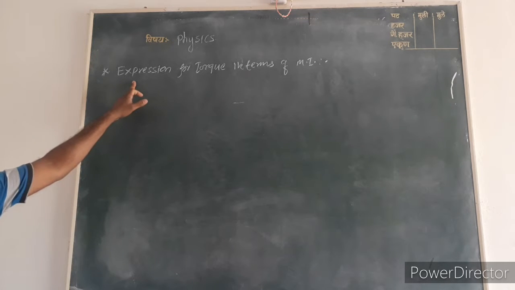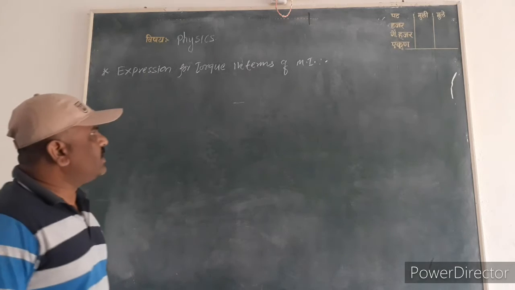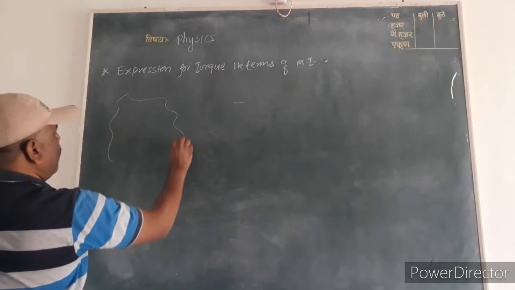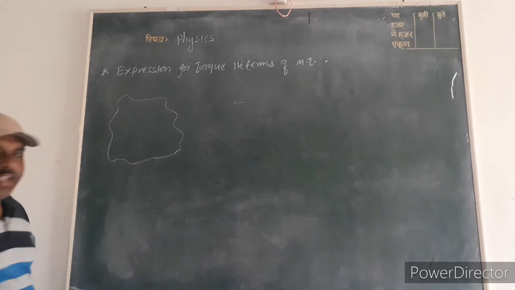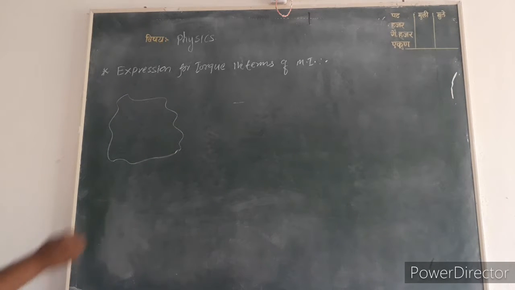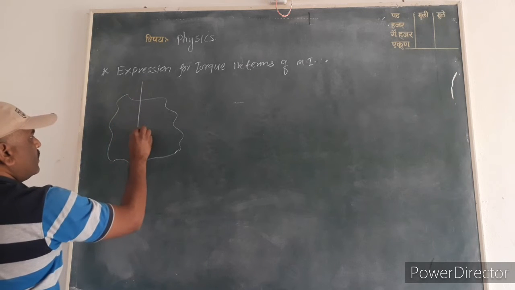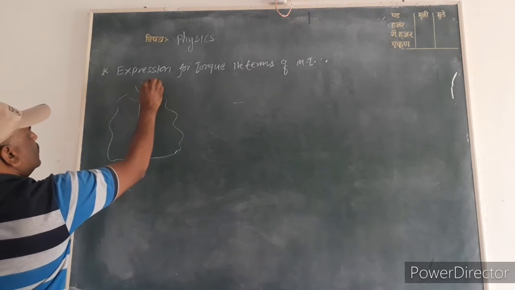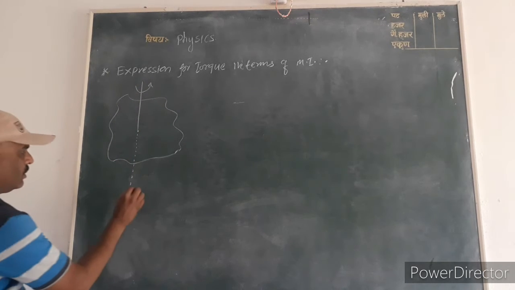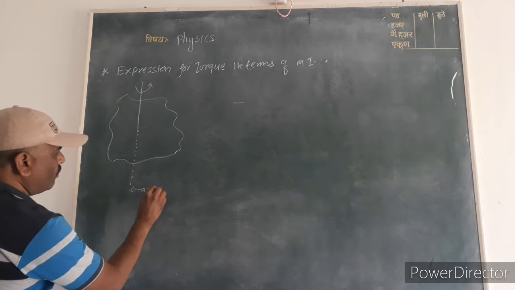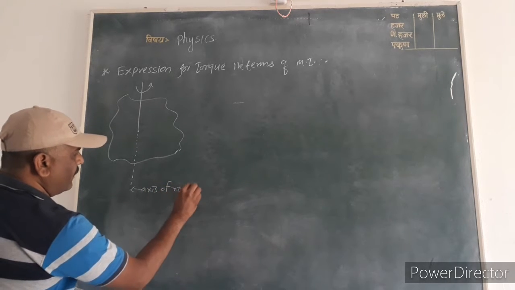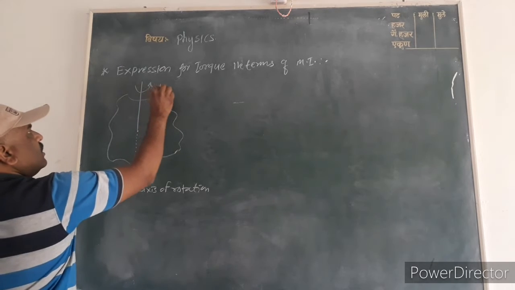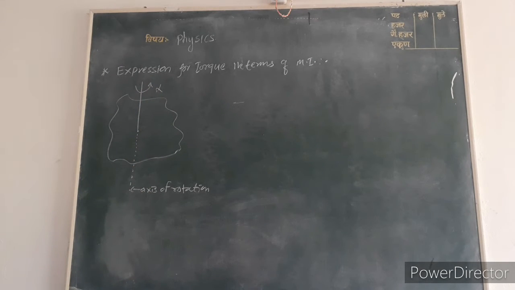To derive the expression for torque, consider a rigid body of any shape, and this rigid body rotates about an axis of rotation with constant angular acceleration alpha.